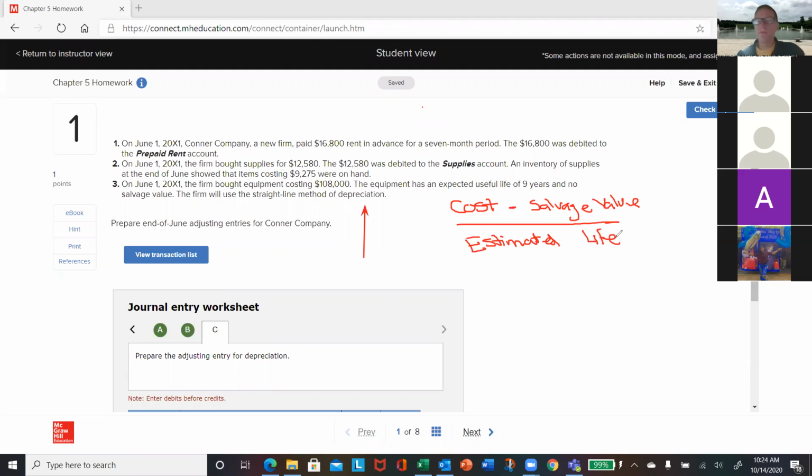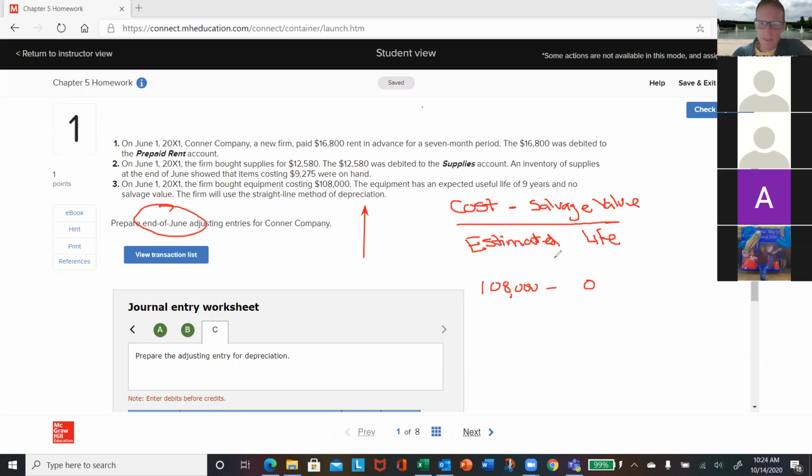Now, in this problem, the estimated life, they stated in terms of years. For this problem, we only want 1 month. We want 1 month of allocation. So in your straight line formula, the cost here is $108,000 minus 0, because salvage value, remember, is the expected value when you're done with the equipment.